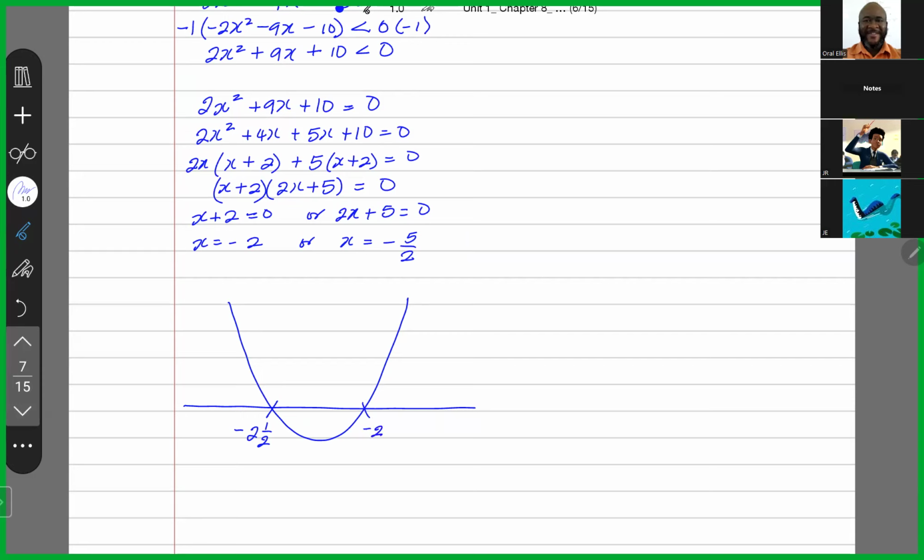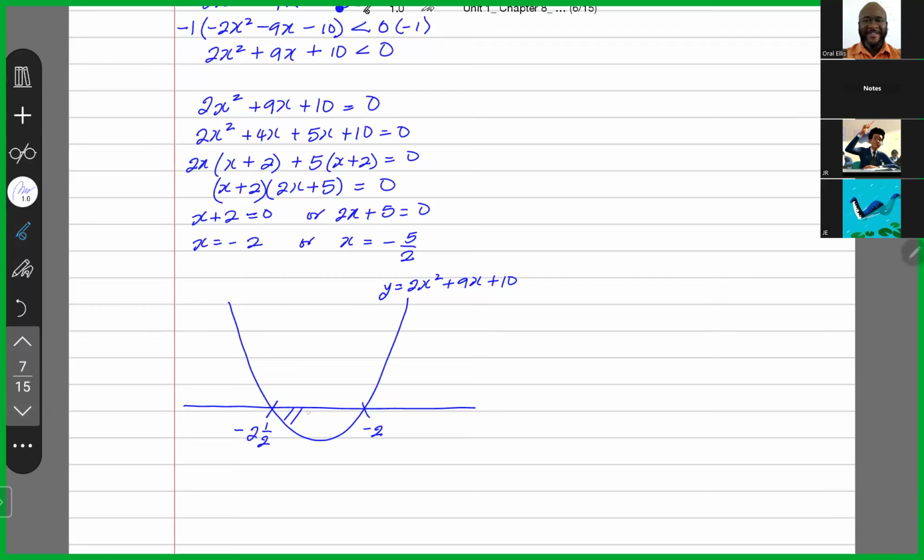Now, I want the values of x for which 2x squared... So this is a sketch of the graph of y is equal to 2x squared plus 9x plus 10. I want the values of x for which 2x squared plus 9x plus 10 is less than 0.